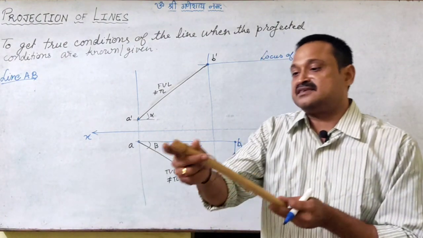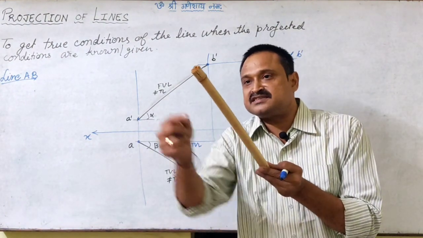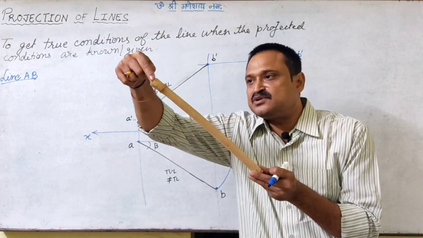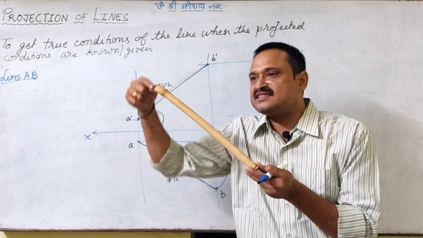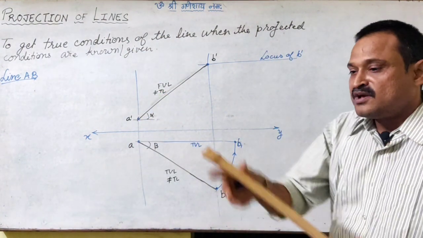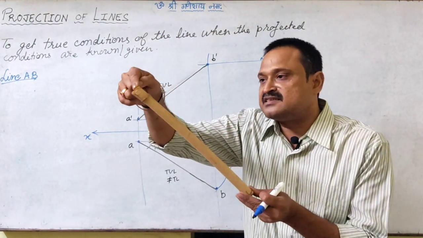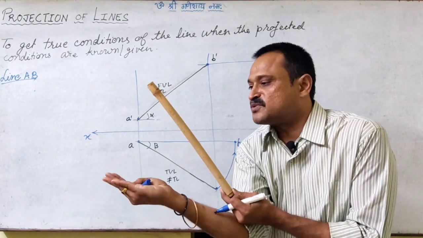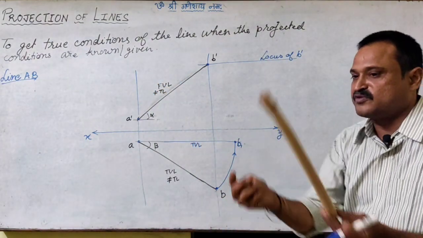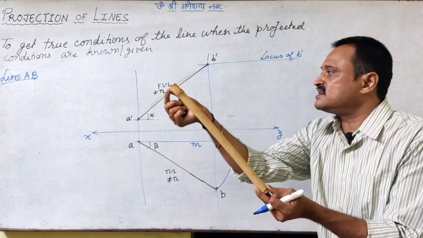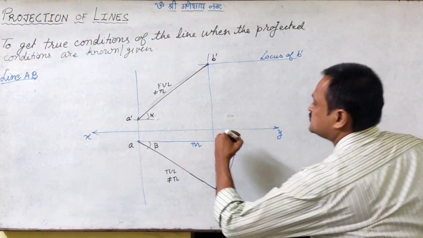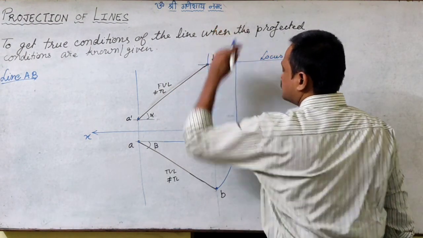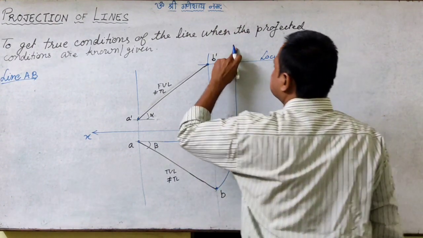Right? So that means now for the new condition, what has happened? B has come to B1 position and the height has not changed. So when I have rotated this, the top view image has rotated. So we have rotated the top view, right? And in this condition, I have projected it in the front view. So this is the new condition.